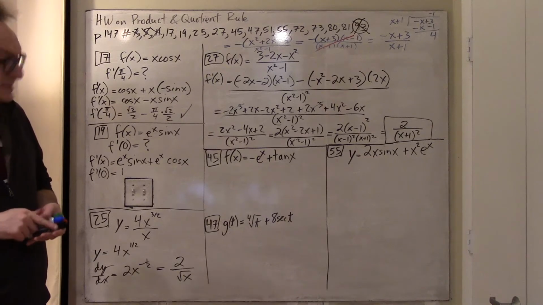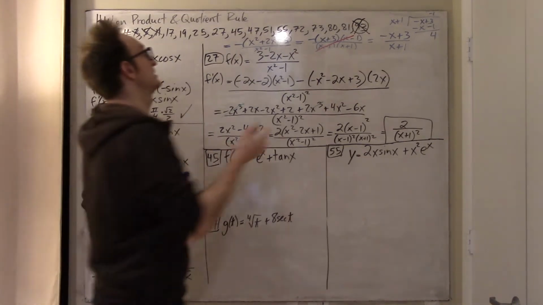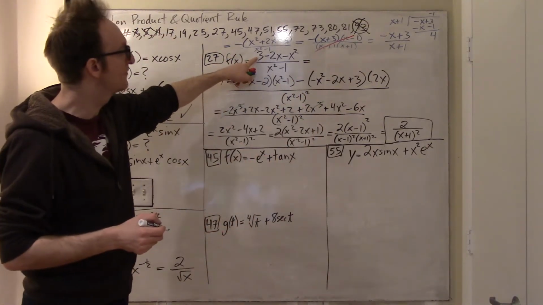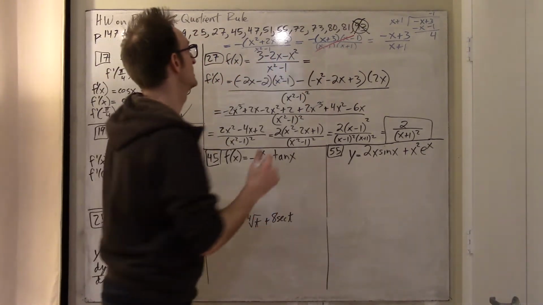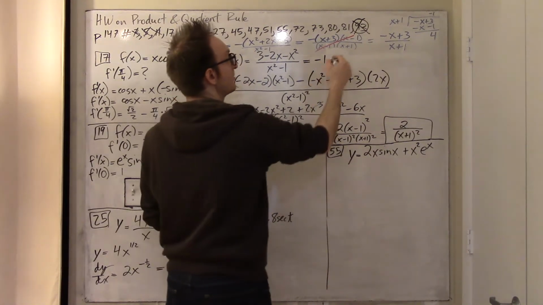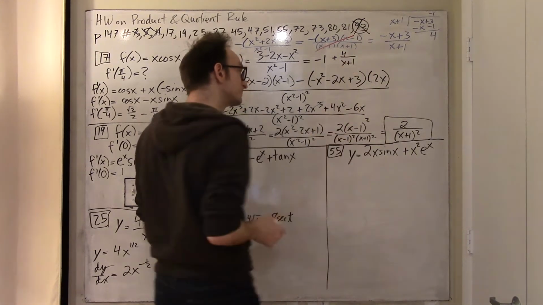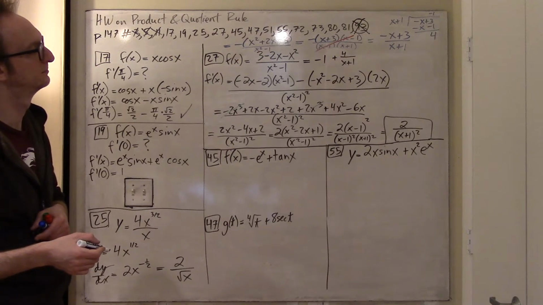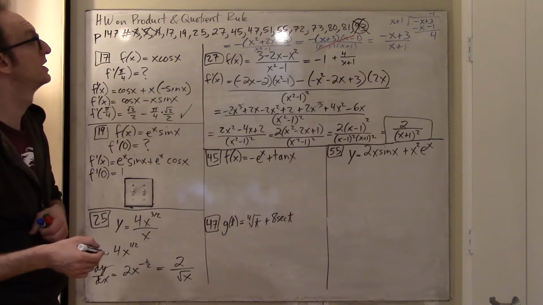In other words, what is this function really? After pulling a negative out of the numerator, factoring the numerator, canceling out an x minus 1, and doing polynomial long division, this entire function is really just negative 1 plus 4 over x plus 1. And is that even true?